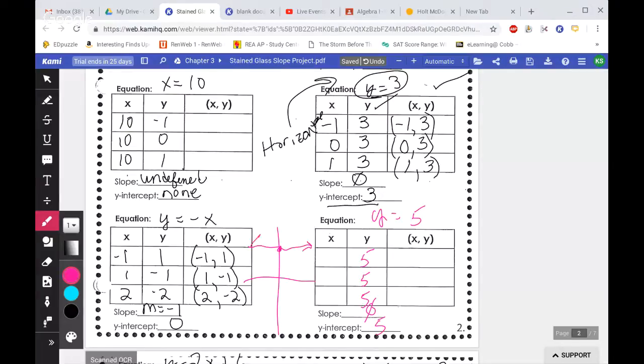It goes through 5. And any x that you pick is going to have that value. Oh, I overcomplicate it every time. A horizontal line always has a slope of 0.